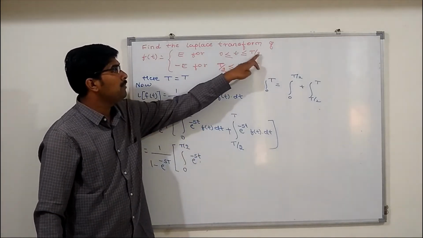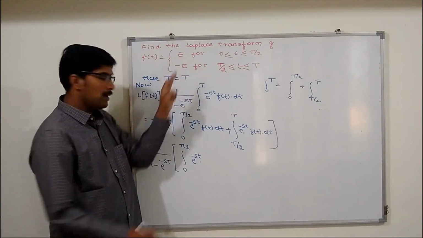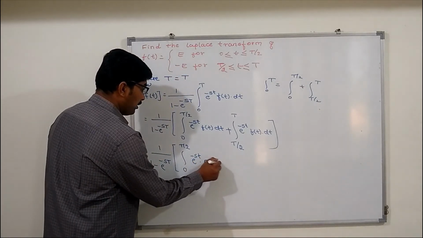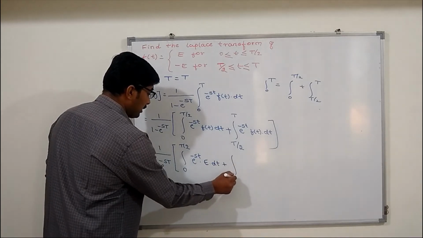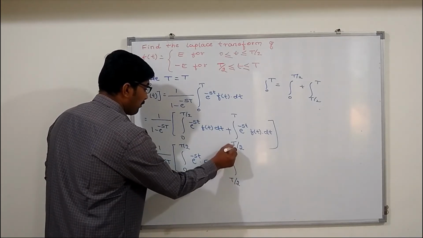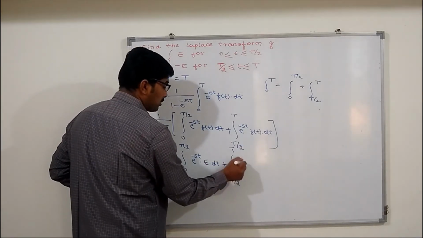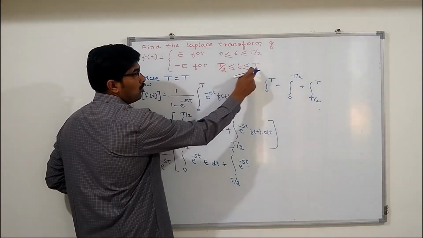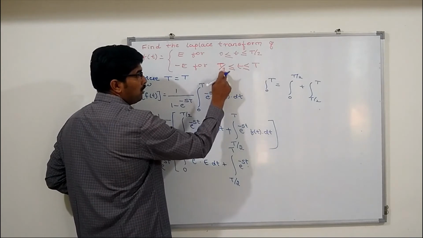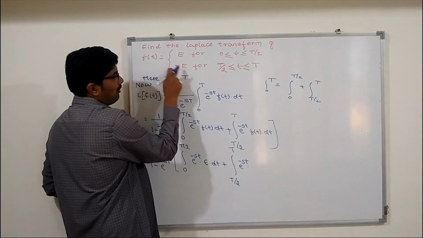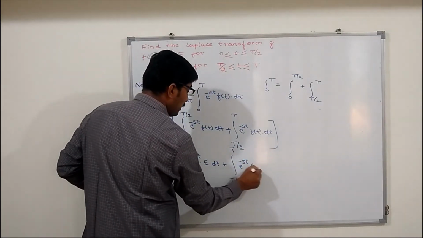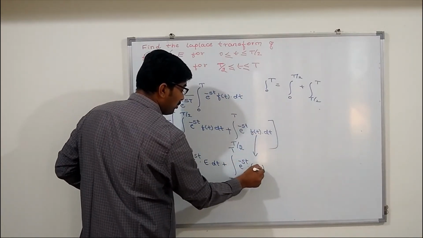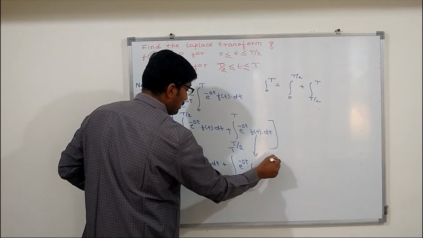From 0 to T by 2, the f(t) value is plus E, so I will write here E into dt, plus integration T by 2 to capital T e raised to minus st f(t). When t is from T by 2 to T, then the value of f(t) is equal to minus E, and dt as it is.